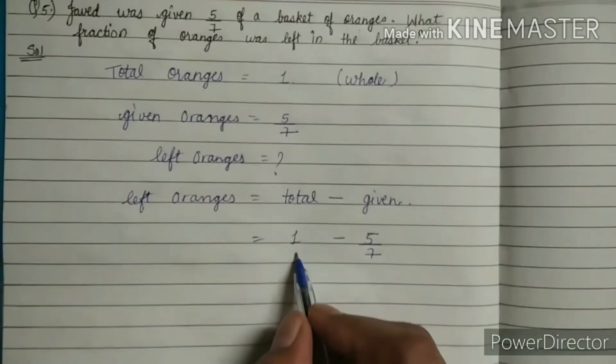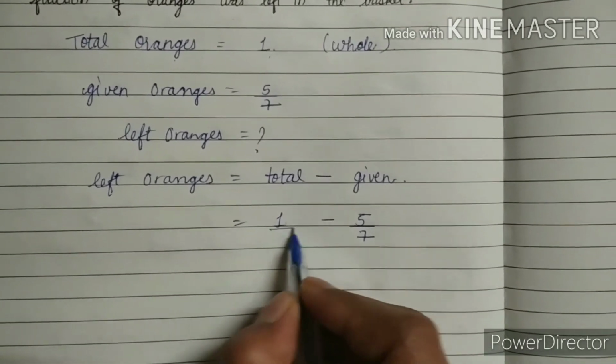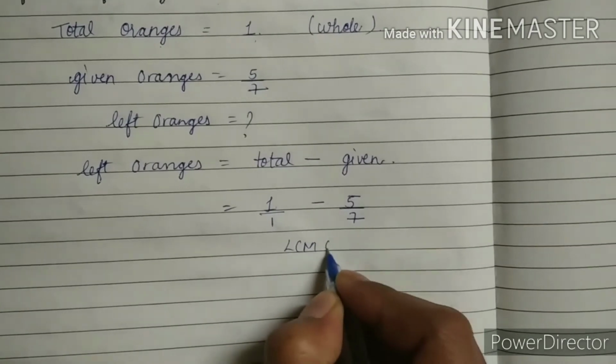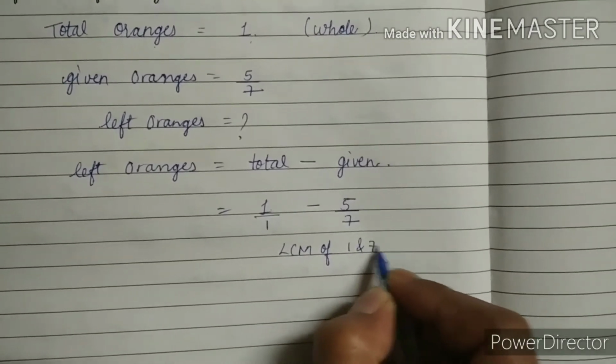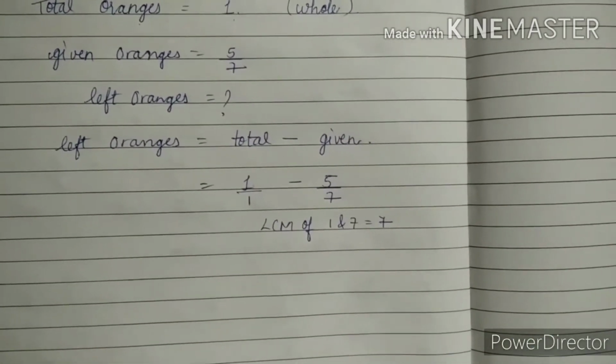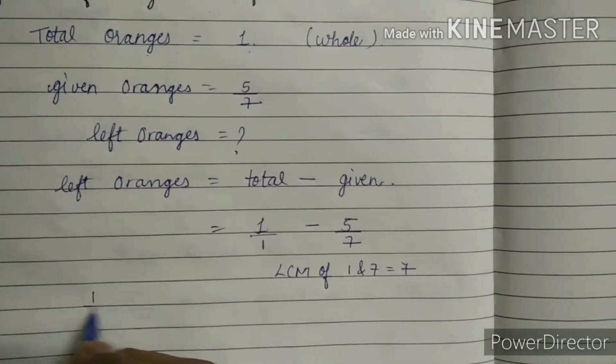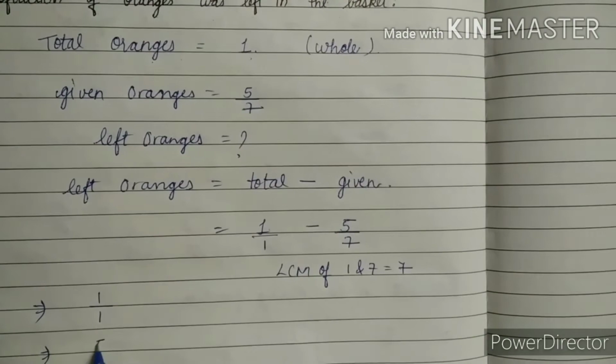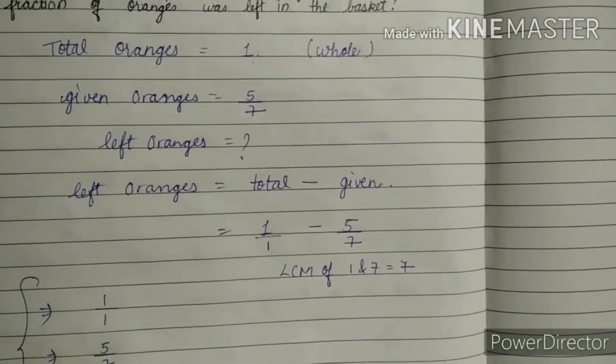Here 1 does not have any denominator, that's why I am putting 1. The LCM of 1 and 7 is 7. So the first fraction is 1 by 1 and the second fraction is 5 by 7.